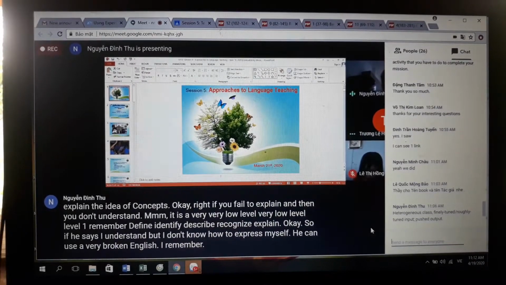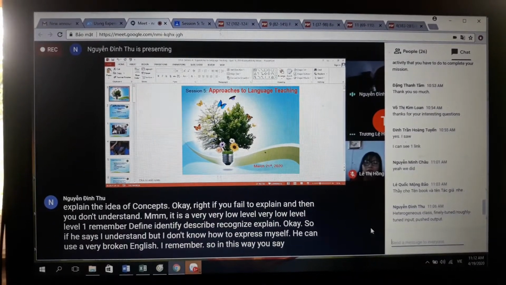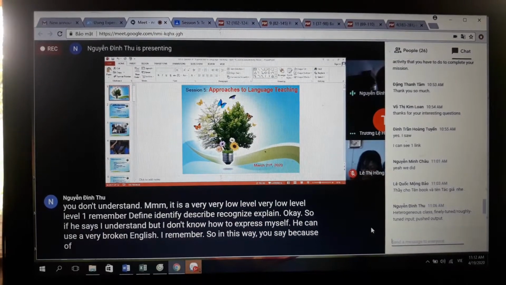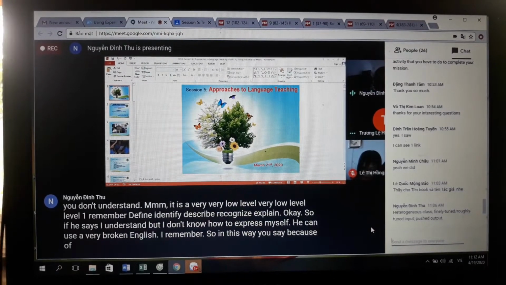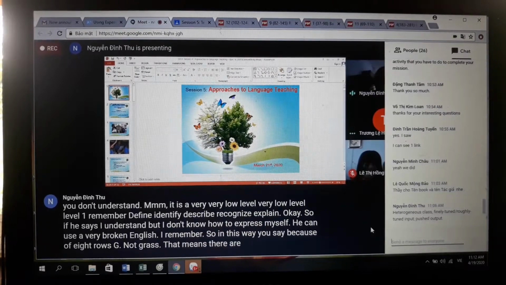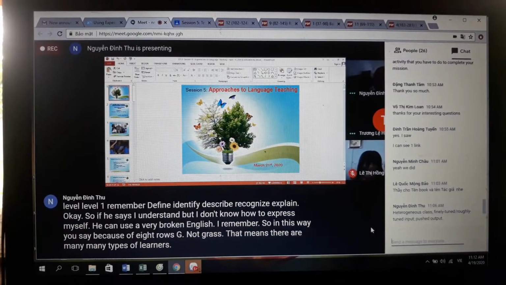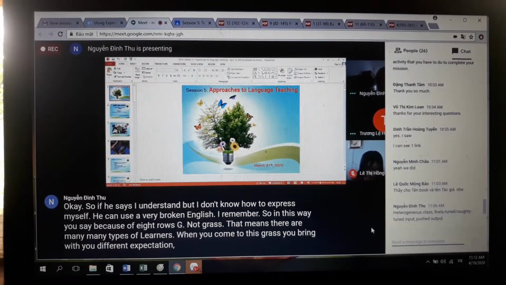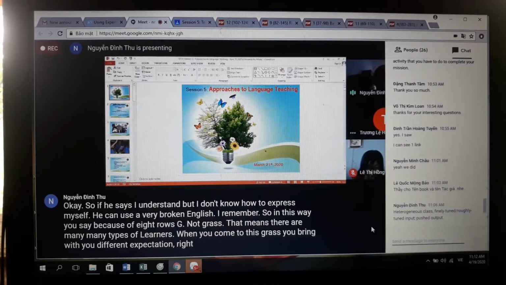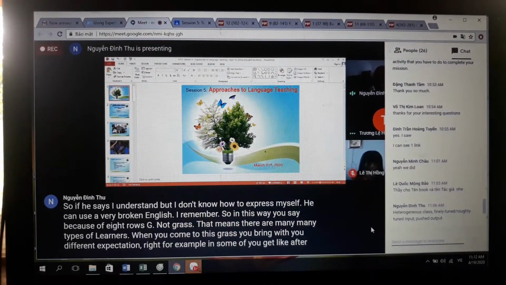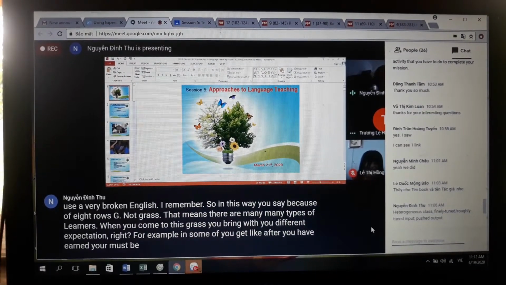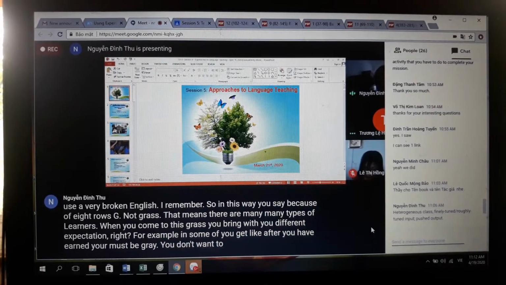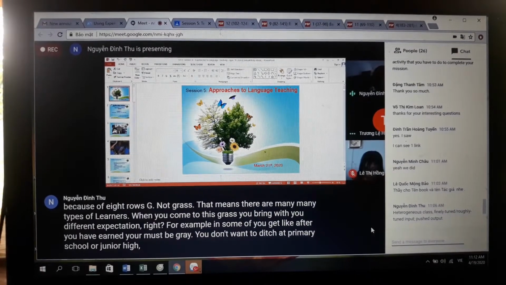So, in this way, you see, because of a heterogeneous class, that means there are many types of learners. When you come to this class, you bring with you different expectations, right? For example, some of you, after you have earned your master's degree, don't want to teach in primary school or junior high, but will transfer to a senior high school.